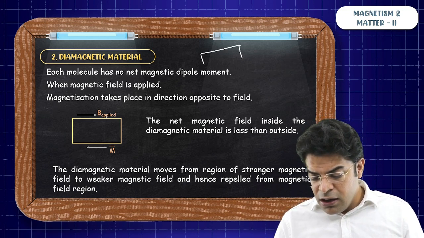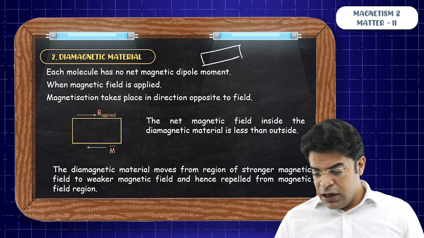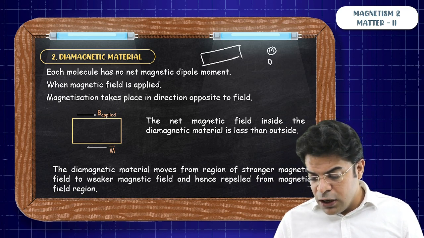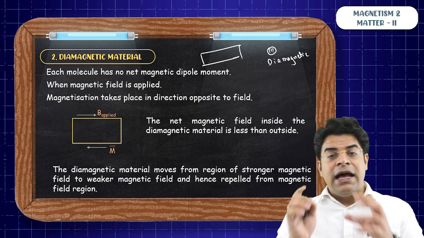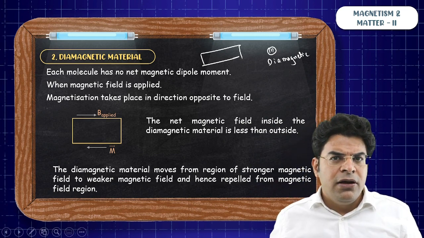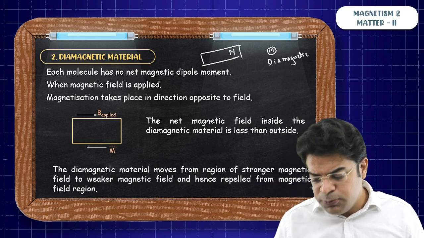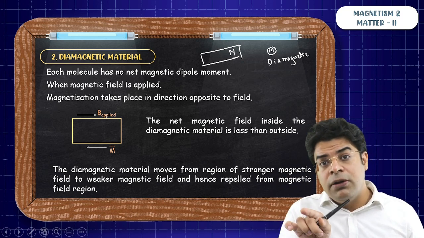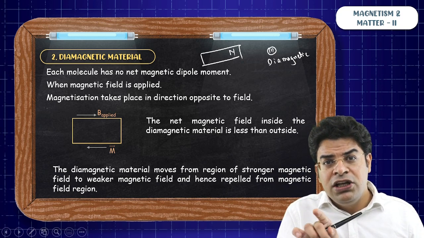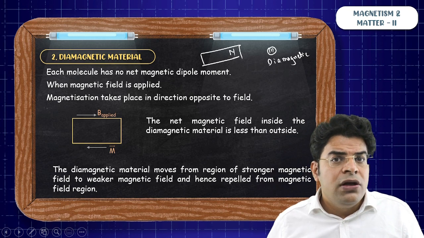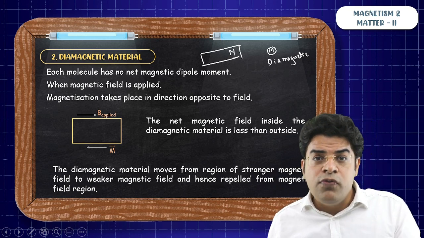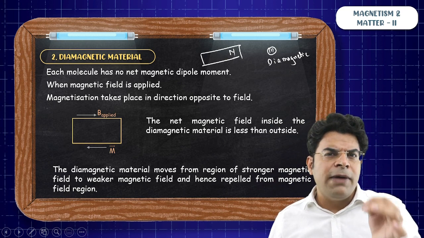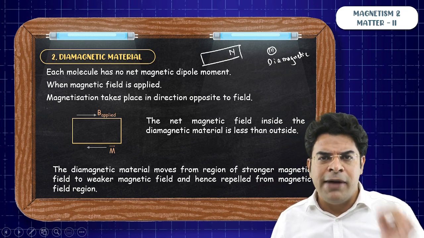If you take a bar magnet and move it closer to a diamagnetic substance, you know that the diamagnetic substance will be repelled. But the question is, you have to bring which pole of the bar magnet closer to the diamagnetic substance, the north or the south. The theory says that a diamagnetic substance tries to move from the region of stronger magnetic field to the region of weaker magnetic field.